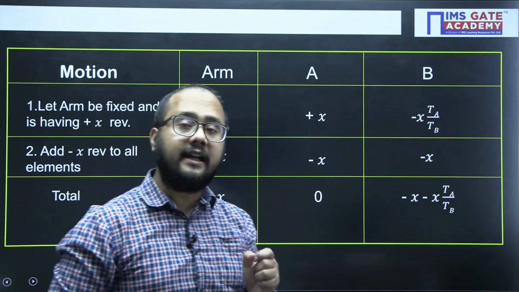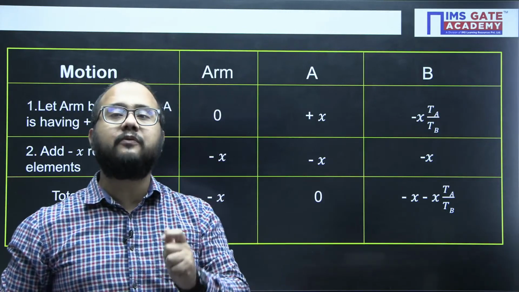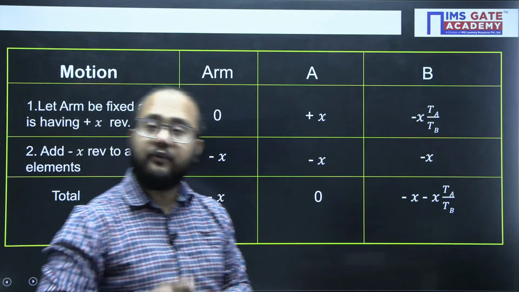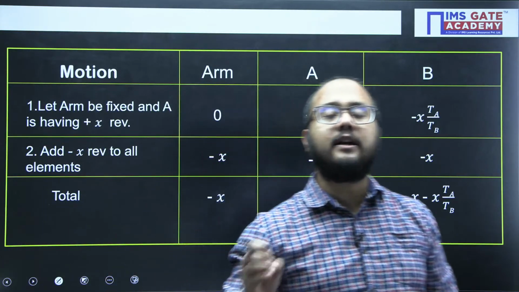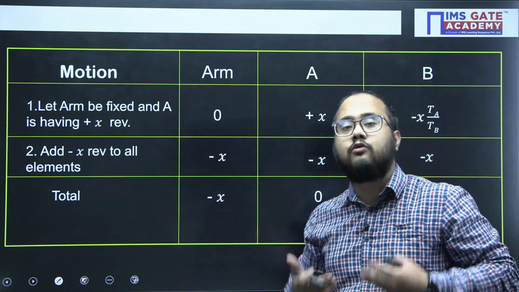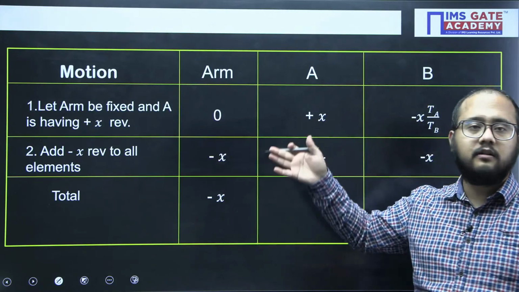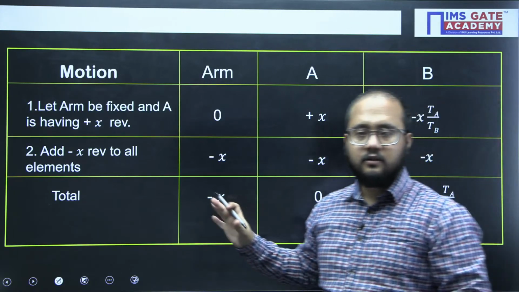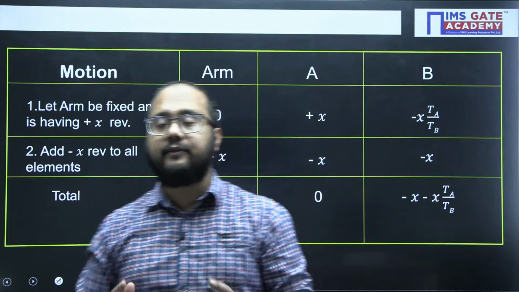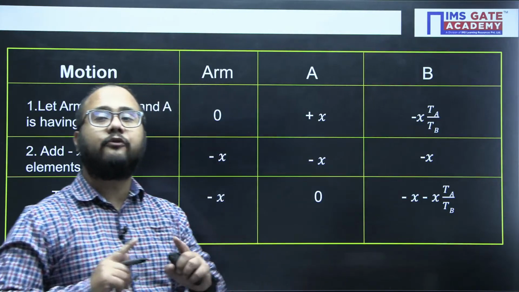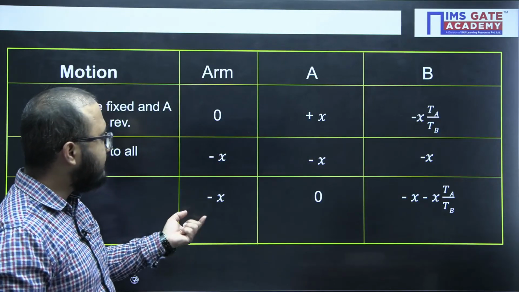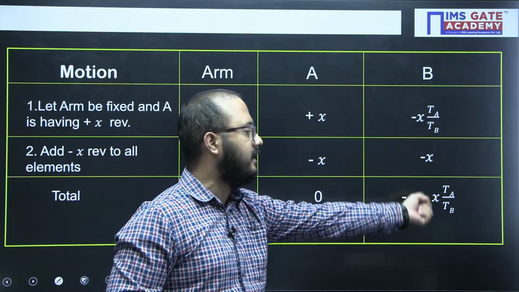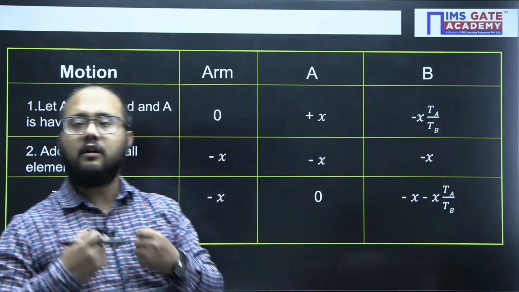So basically, we have established the relationship between different elements of a gear train. That is the outcome of this tabular analysis we have done. Because of the table we created, we got the relationship between different gears: minus x is the speed of arm, 0 for A, and for B minus x TA by TB.